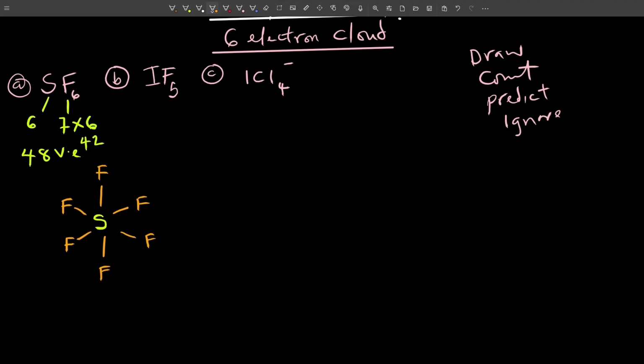So this is the Lewis structure, although it's not completed. So let's complete that. We have a total of 48 valence electrons. We have used up 2, 2, 2, 2, 2, 2. That's a total of 12, that's 2 times 6. So 48 minus 12 will give me 36. We have 36 valence electrons remaining.